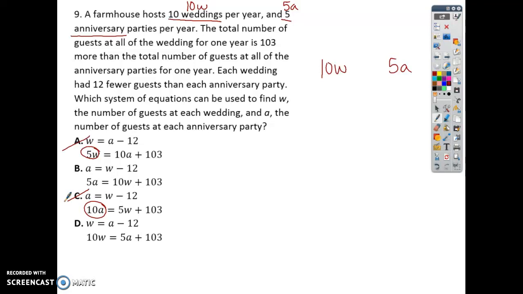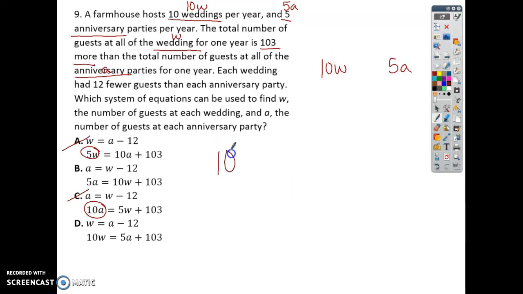Let's continue. It says the total number of the guests at all of the weddings, that's the W's, for 1 year is 103 more than the total number of guests at all the anniversaries. That's the A. So you have more weddings than anniversaries, right?